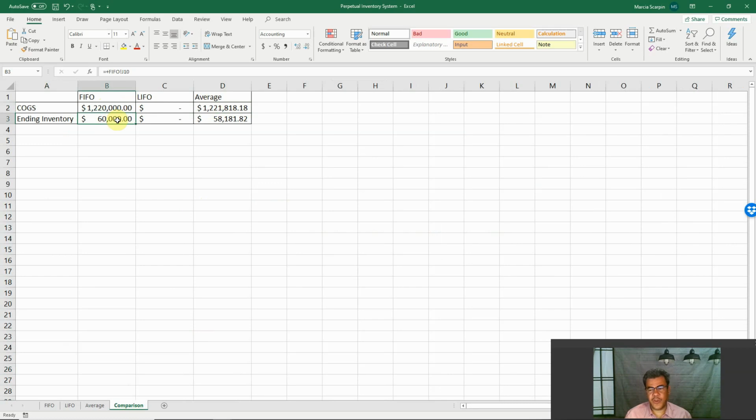And ending inventory is a little bit higher because cost of goods sold is a little bit lower. Okay, so usually if we want to pay low taxes, FIFO is not a good method. However, if we want to pay a lot of dividends, FIFO is better than average.